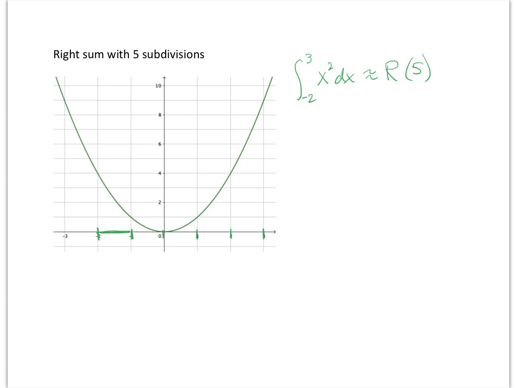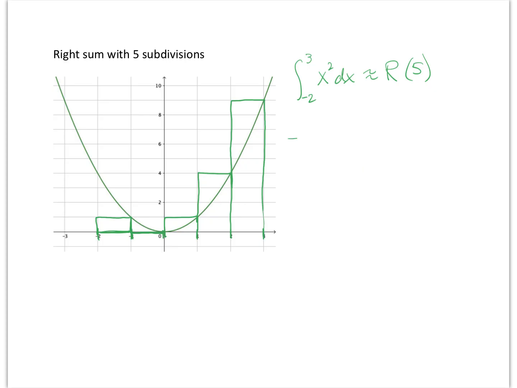So we go to the right endpoint of the interval, in this case, -1. We go up to the graph and we draw a rectangle. Do that on every interval. Now I have 5 rectangles whose area I just need to add up, calculate and add together.